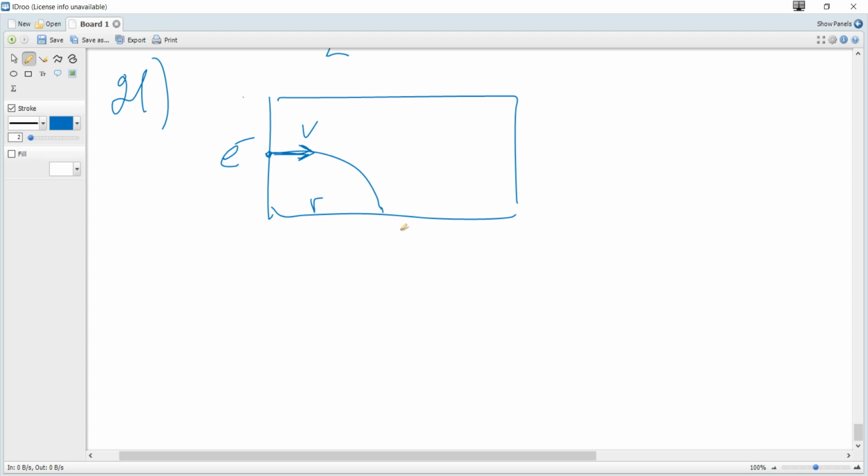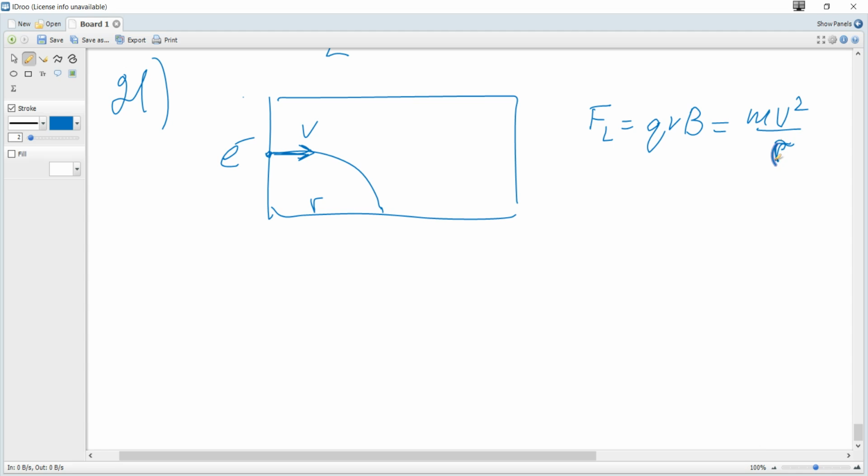We know the force which acts on the charged particle in the magnetic field is given by the Lorentz formula: charge QvB, where B is magnetic field strength. Since it's a circular motion, it's the net force, the centripetal force, so it's mv squared over r.